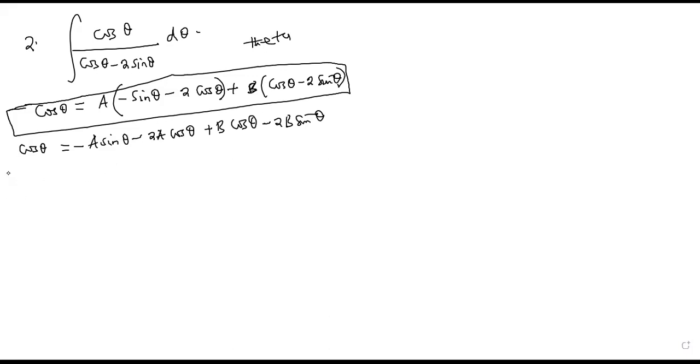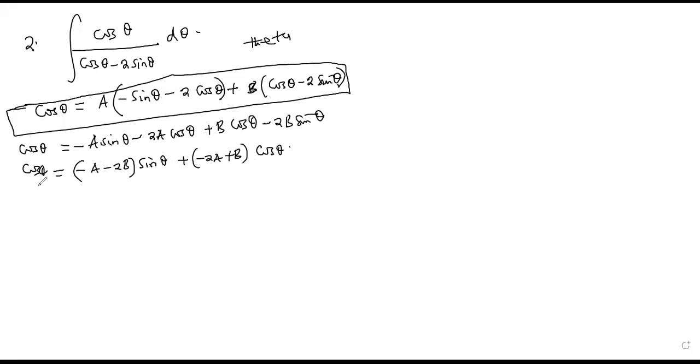So now here you can factor out: cos theta is equal to, we factor out those of sine separately. So we shall have negative a minus 2b sine theta. Then for cos, we shall have negative twice a plus b cos theta.